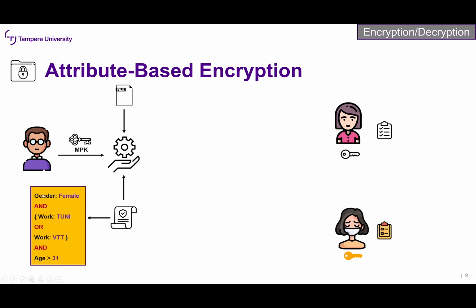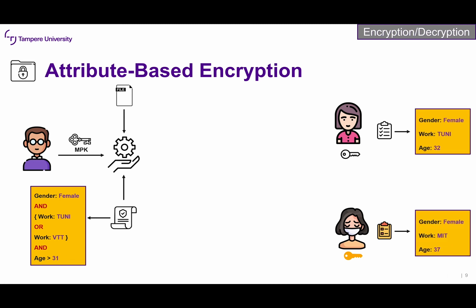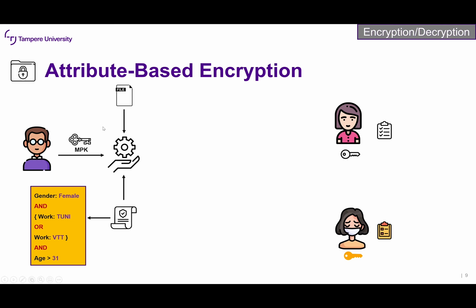Policies in ABE usually use ANDs and ORs, right? So the policy that Bob defined for his file says that the user should be a female, working at TUNI or VTT, and should be over 31 years old. Good. So this will generate basically an encrypted version of the file.